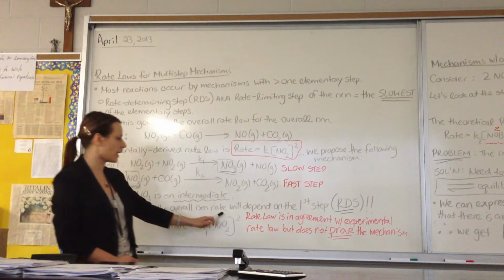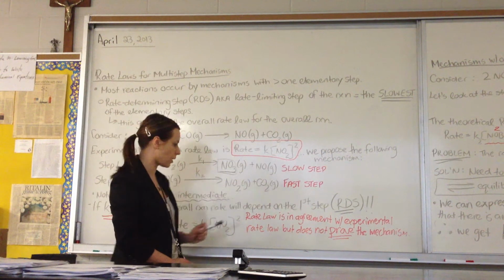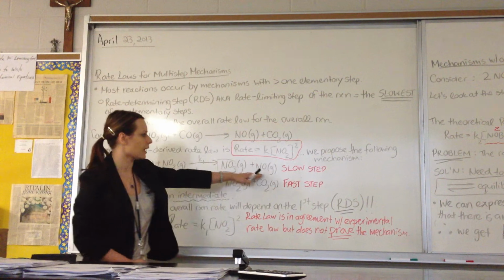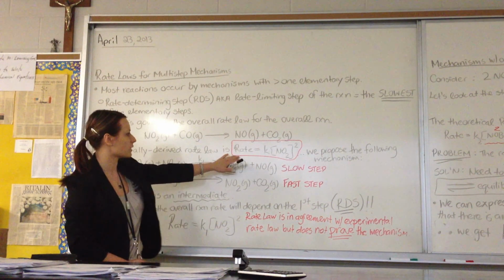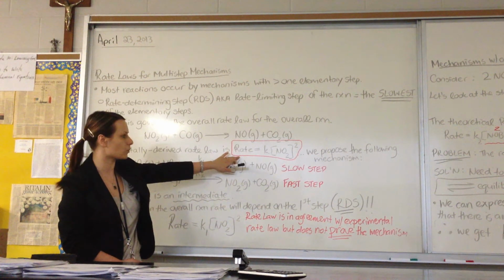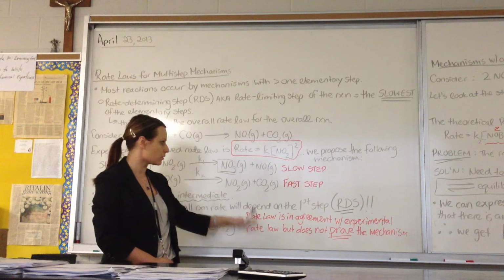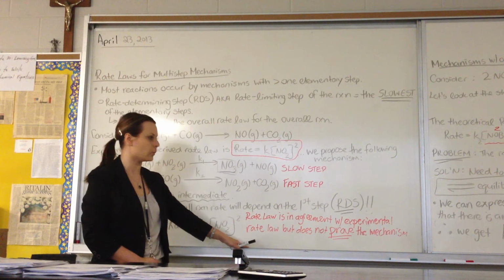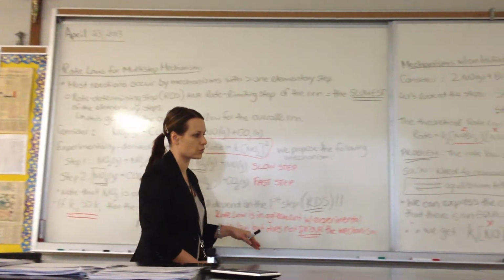So the overall reaction rate will depend on the first step, which is the slow step. Our rate expression, because it has to be consistent with the slow step, is consistent with the experimentally shown rate law. However, just because it is in agreement, that doesn't mean that we actually proved the mechanism. So when we move over to the next board, we're actually going to prove this mechanism, that it is true.